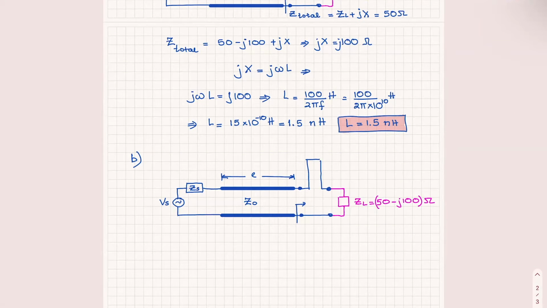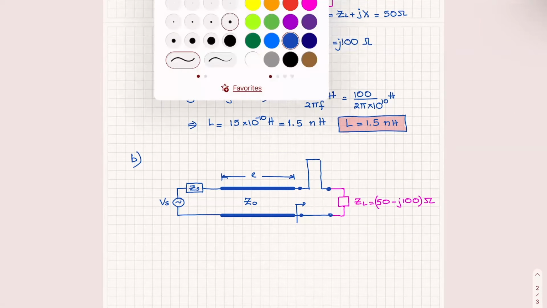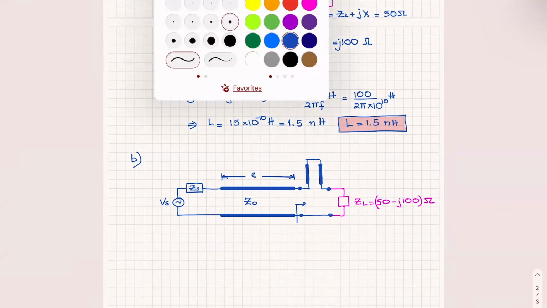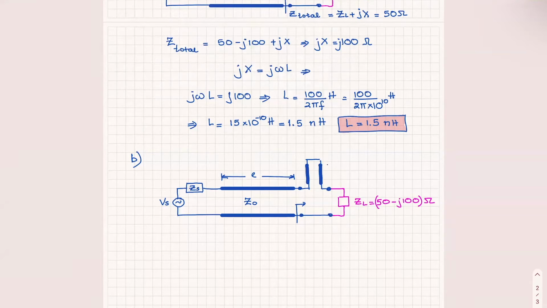But it's going to be a section of a transmission line. So it's going to be like, all right. And then this here will be D, the distance, the length rather.